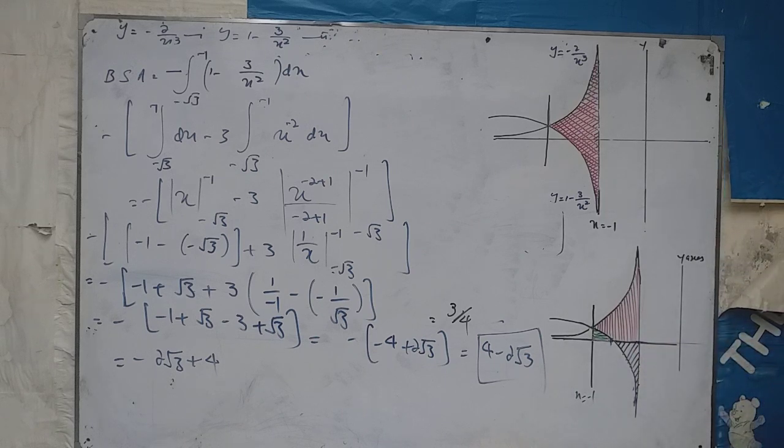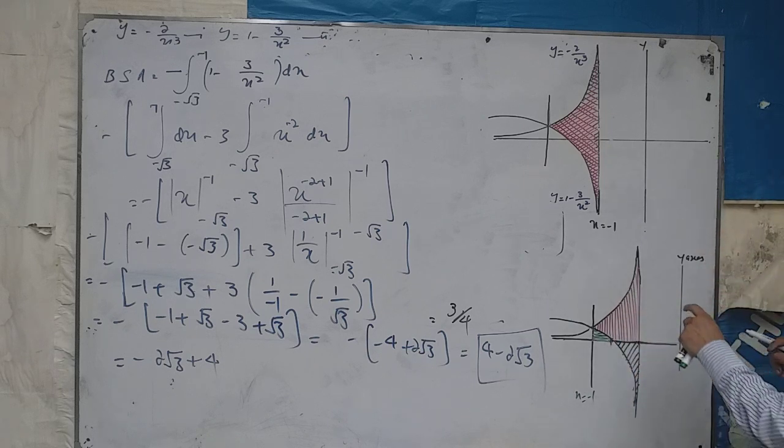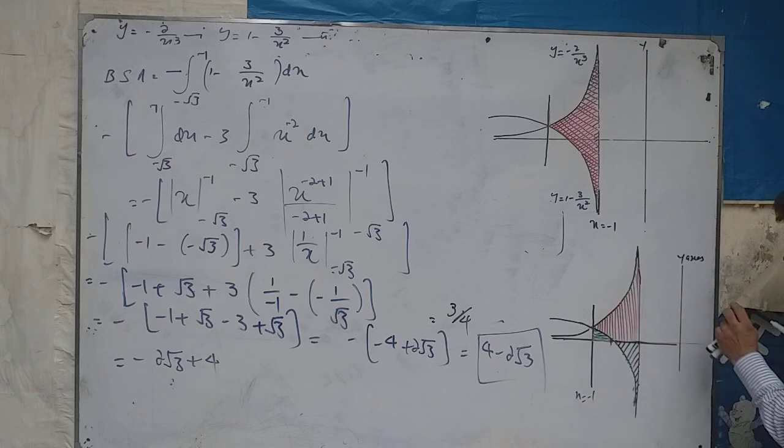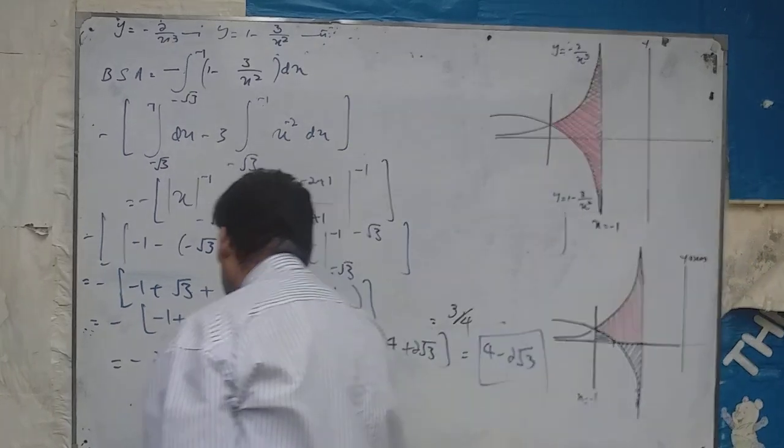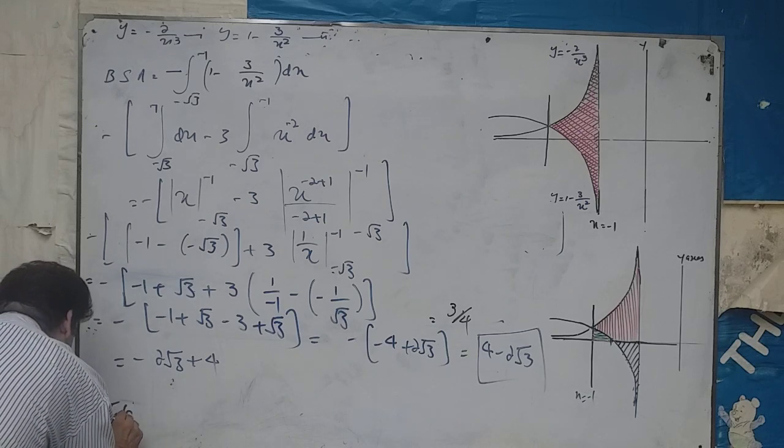We now find the total area. Total area we can find from this area plus this area, but this area we can find as 3 by 4 minus this area.